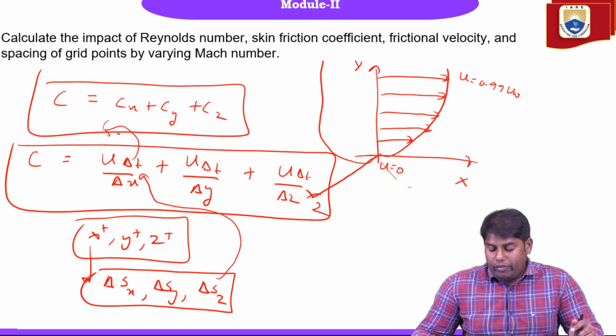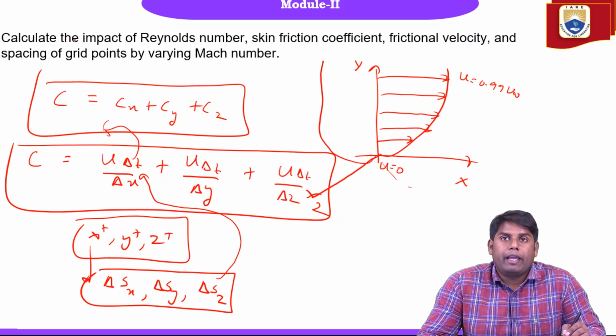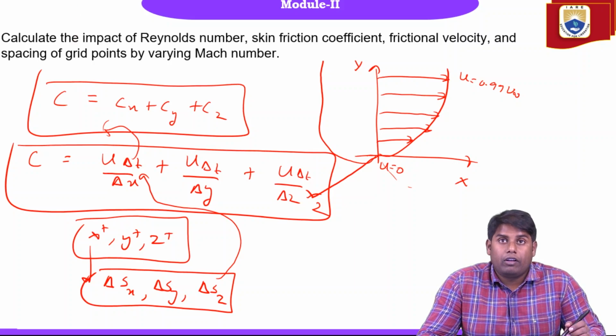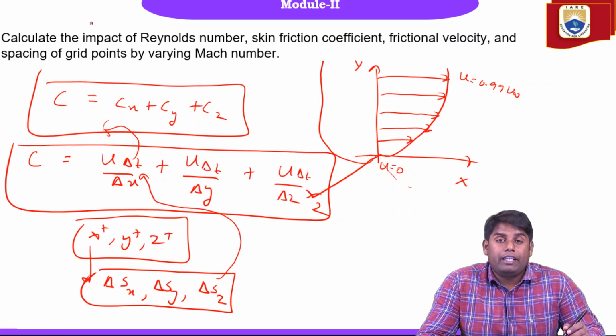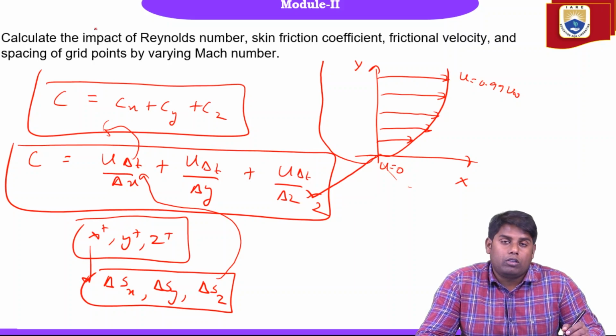Fine. So with this we have seen the impact. We have calculated the impact of the Reynolds number, skin friction coefficient, frictional velocity, and the spacing of grid points by varying Mach number. And additionally, we have shown the impact on the stability also.